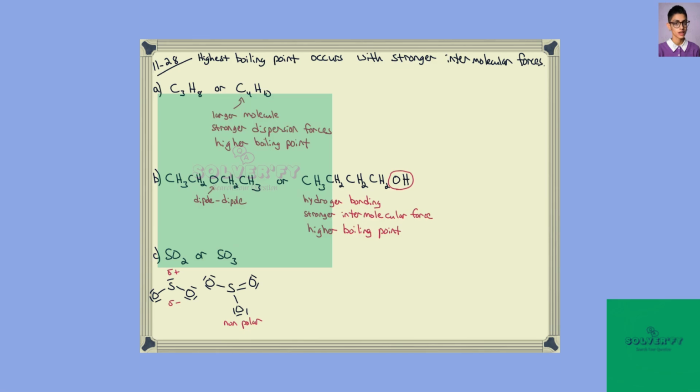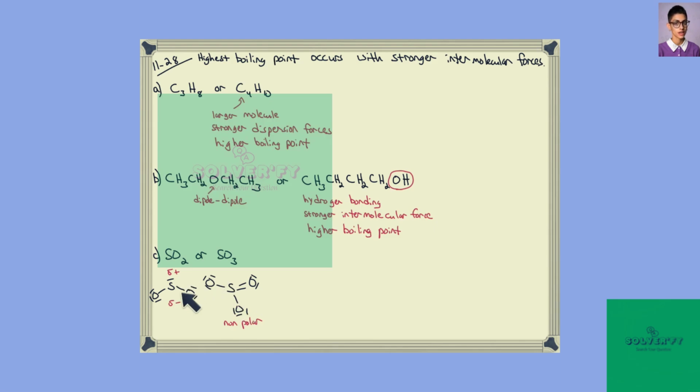It turns out, although not very obvious, that this dipole is fairly weak due to the small difference in electronegativity between sulfur and oxygen. So when comparing these two, we really shouldn't compare the dipole force here and the nonpolar dispersion forces here. We really should be comparing the dispersion forces of the two.